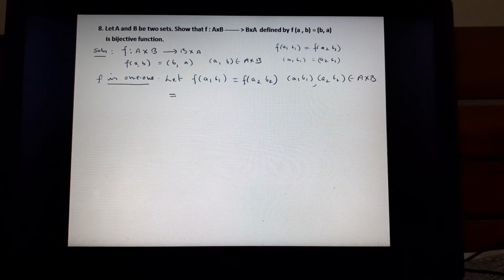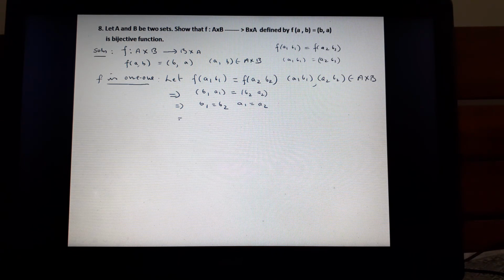So this implies, by definition, f of (a1, b1) is (b1, a1), and this is equal to (b2, a2). So reverse. So this implies b1 equal to b2 and a1 equal to a2.